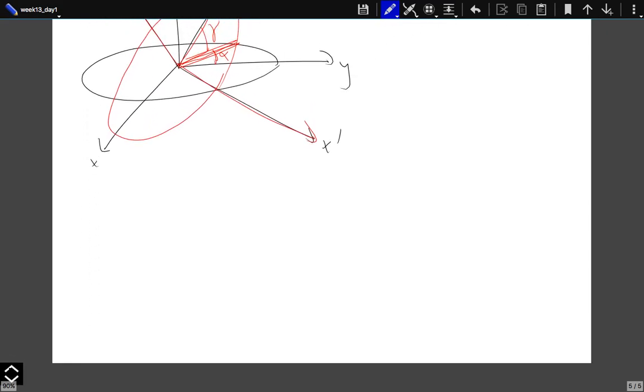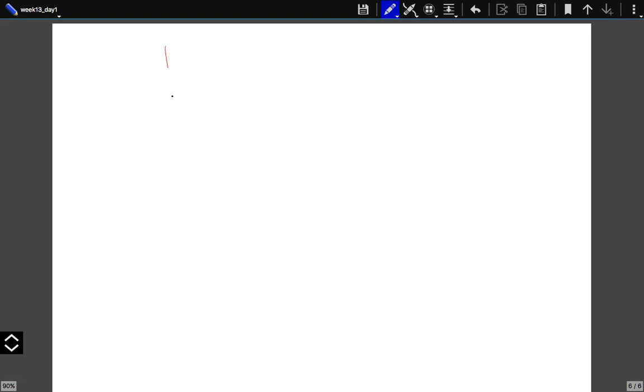Okay, let me do it step by step now. So this is the initial coordinate axis, X, Y, and Z. And my rotated axes, let me put X prime, Y prime, Z prime.